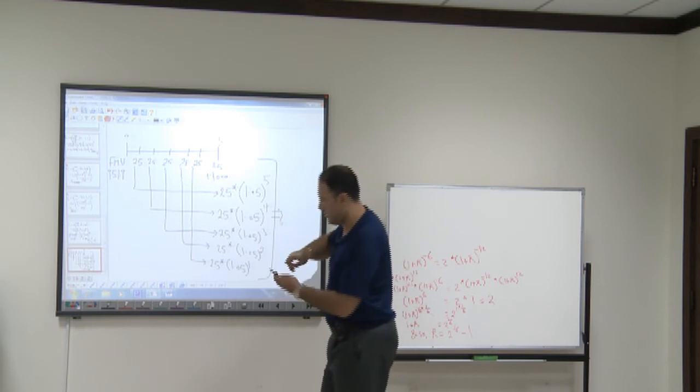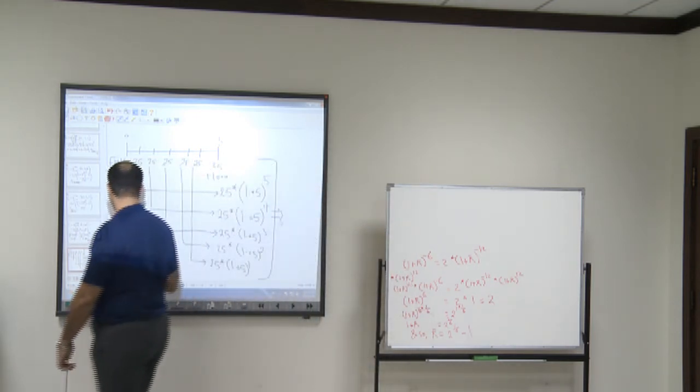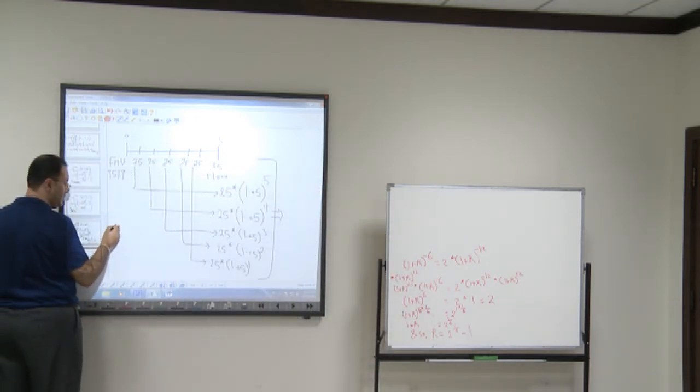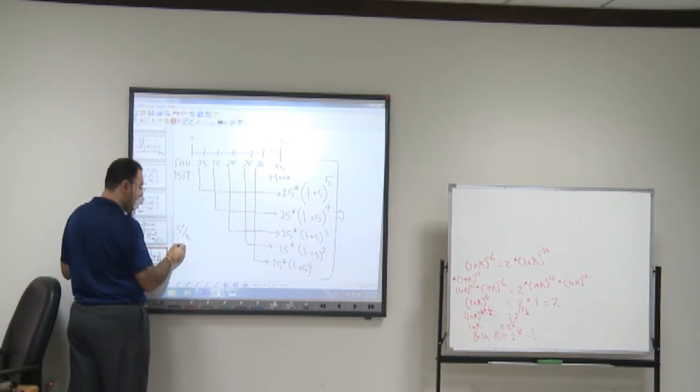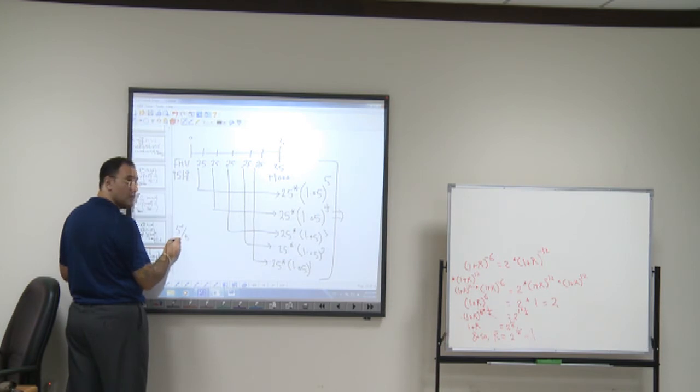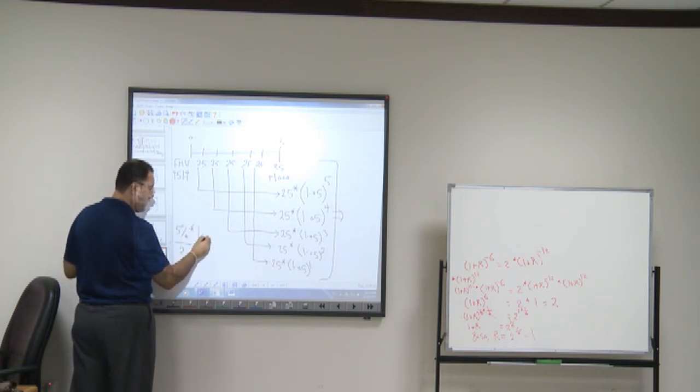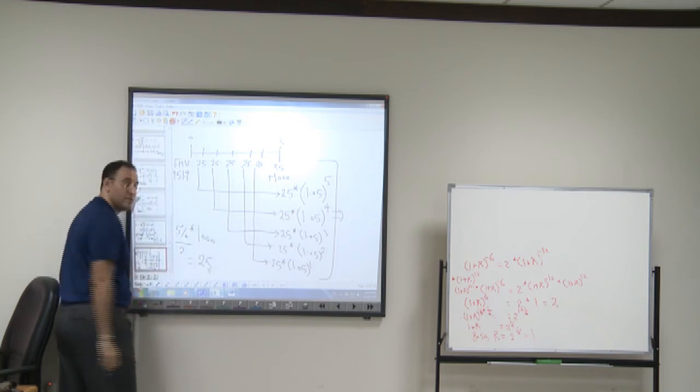We have a 5% annual coupon, right? Semi-annual is going to be 5% over 2, times the par value of $1,000. And the answer is 25. You got it?